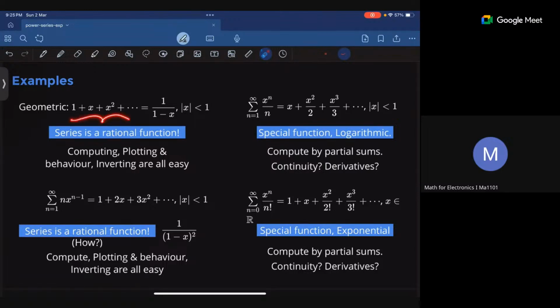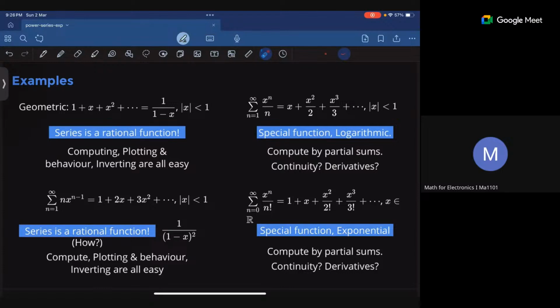And on the left hand side, if you take the differentiation of each term, what do you think you will get? If I take the differentiation of 1, it will be 0.